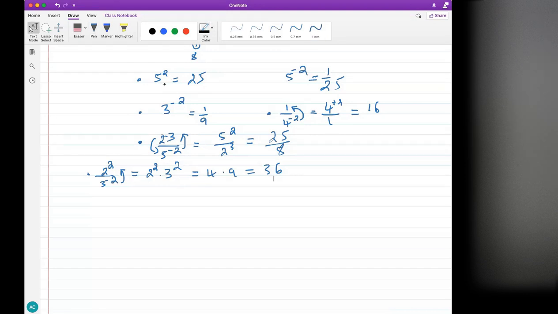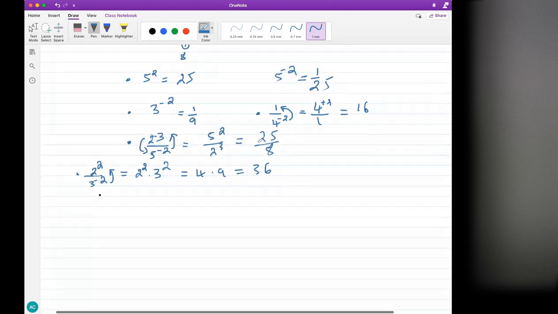Yeah. Okay, this one here, so basically we just moved this one up. This stayed here because it's positive. We moved this one up, it turned positive. Then we simplify, 2 to the second is 4, 3 to the second is 9, that's 36.